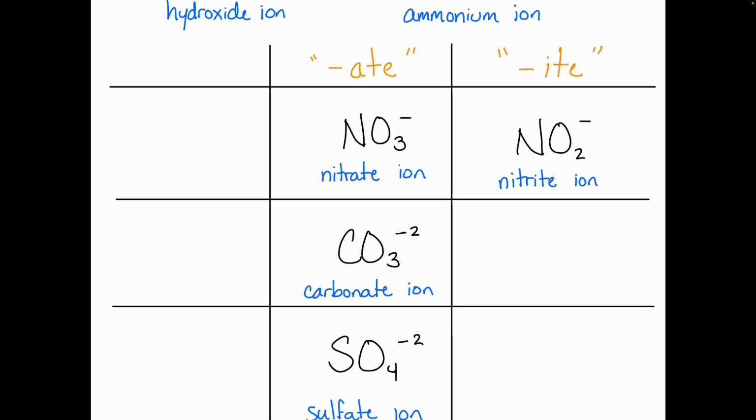First of all, notice what happened to my number of oxygens. I decreased my oxygens by 1, going from 3 to 2. What happened to my charges? Stayed the same.